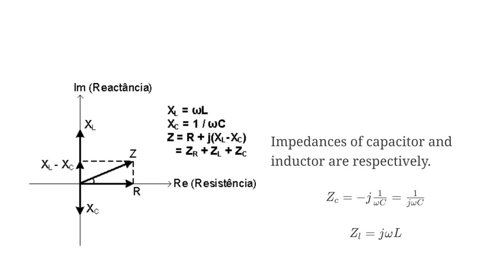Total Z can be written as R plus j times XL minus XC. XL minus XC depends on which is higher. So the total impedance is ZR plus ZL plus ZC. And we have discussed all. The next lecture will go into more detail on these topics.